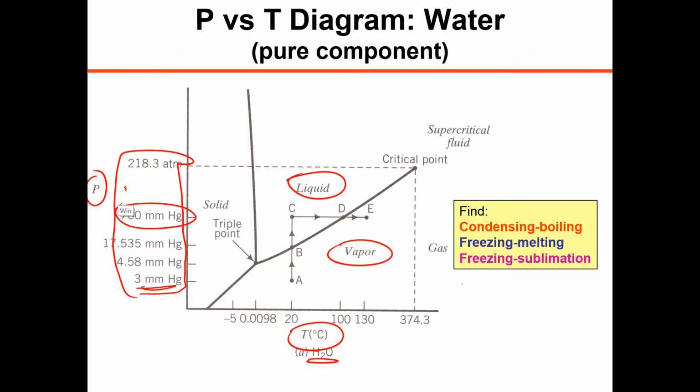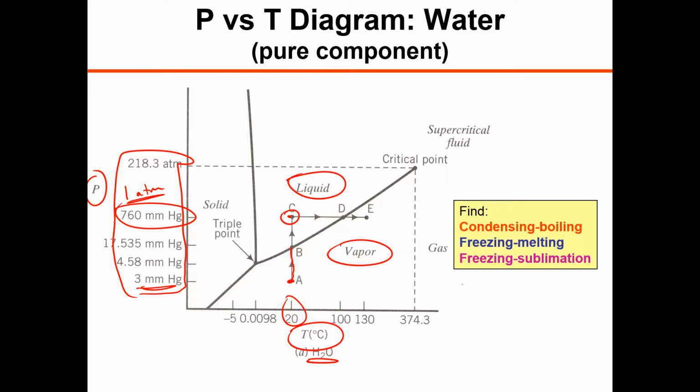That is 1 atmosphere, so that's what we're used to running at, at sea level. If we start at very low pressure and 20 degrees Celsius, and then increase the pressure, we're going to have a liquid.